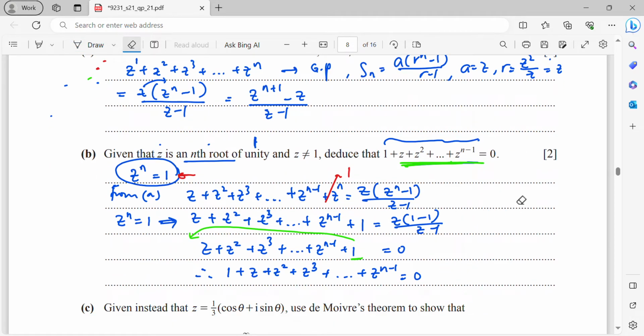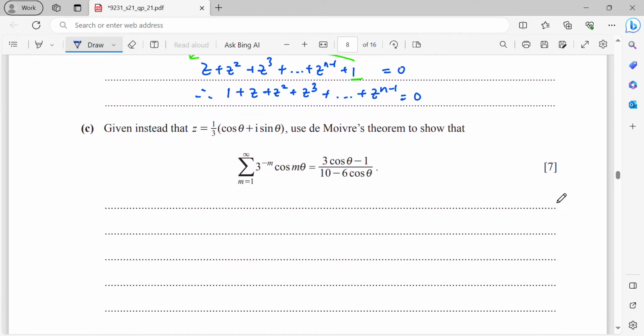Just like this. Now, part C, given instead that z is 1 over 3 times (cos theta plus i sin theta), use De Moivre's theorem to show this sum. Alright, so now I will rewrite my z first. It's 1 over 3 times (cos theta plus i sin theta). This is same as 3 power negative 1.